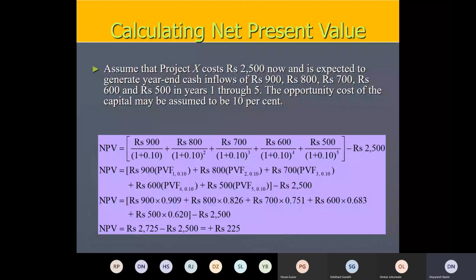So quickly find out and tell me whether you get 2725 as the net present value figure. I will tell you what is that PVF, that is present value factor. I will tell you what exactly that means.